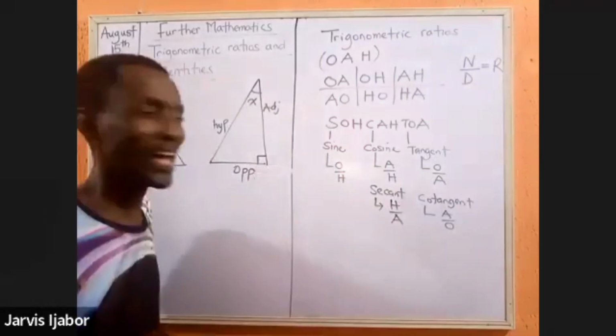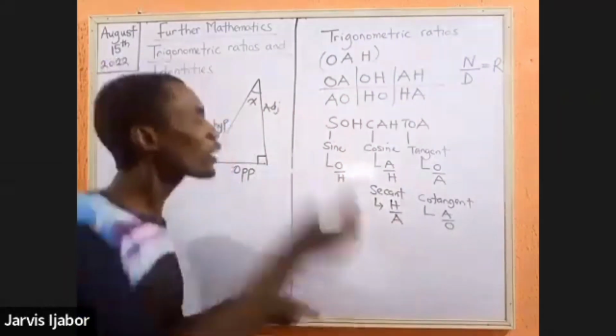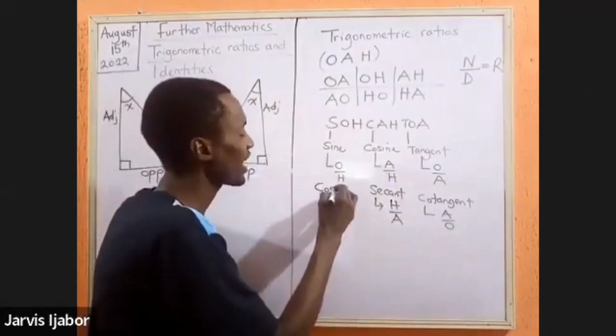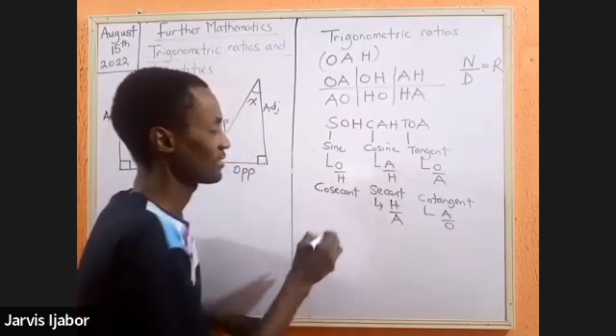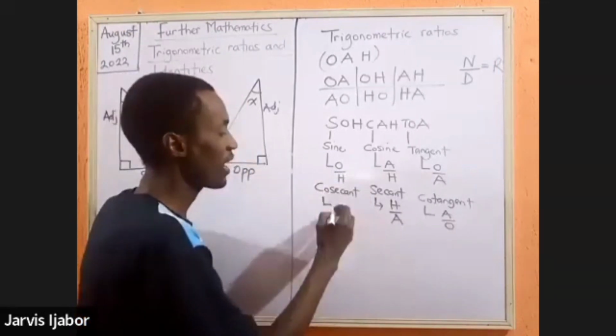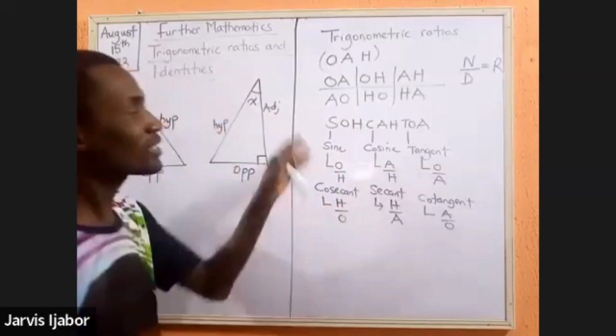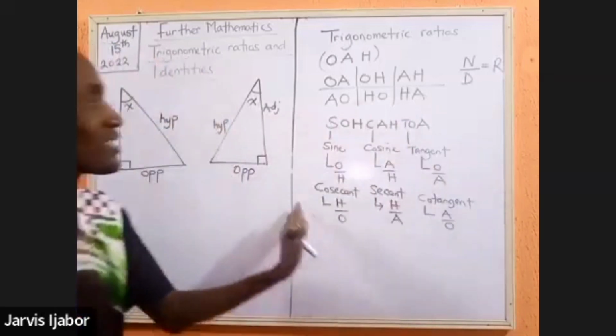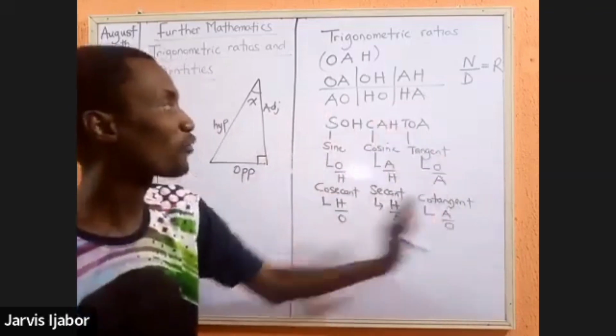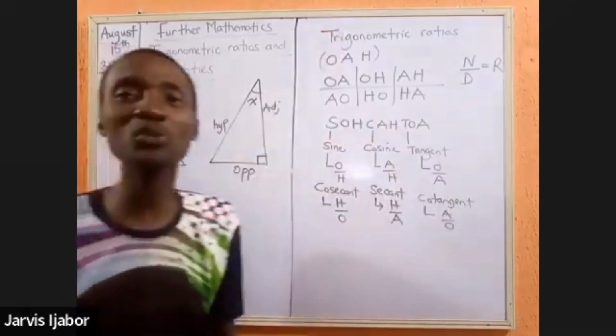Now let's come to sine. The reciprocal of sine is called cosecant, and that will give me what? H over O. So this gives you the illustration of the 6 types of trigonometric ratios you have.